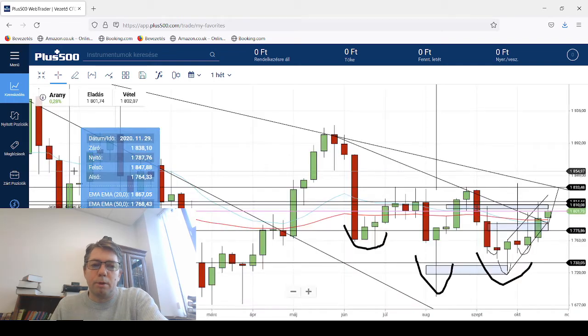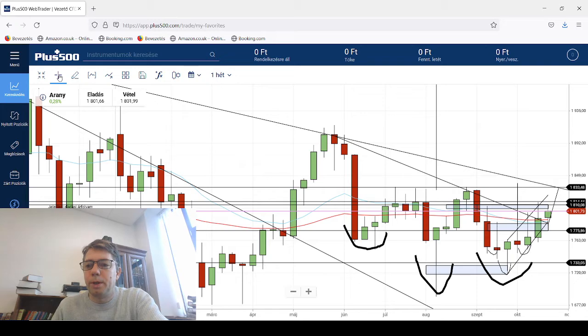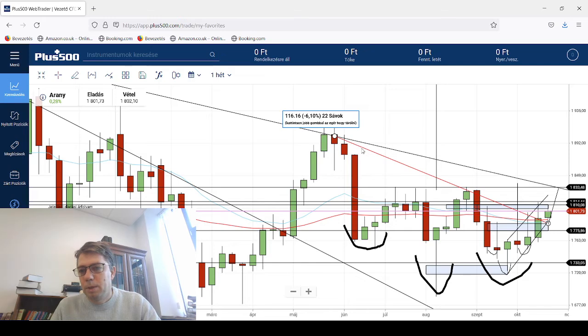This is the weekly chart on gold, and one might say that we have developed an inverse head and shoulder pattern. If we draw the neckline around there, but this could also be, let me show it to you.